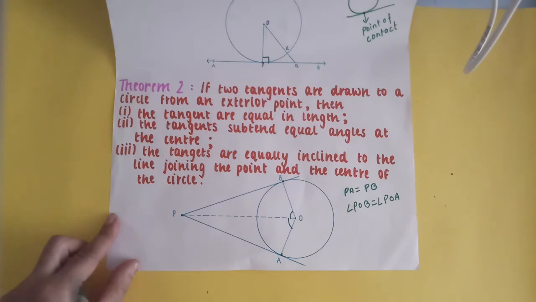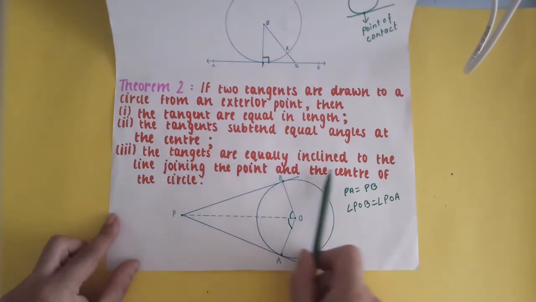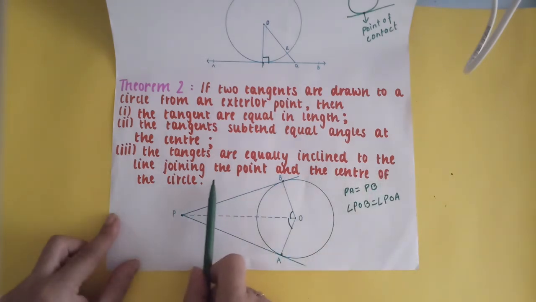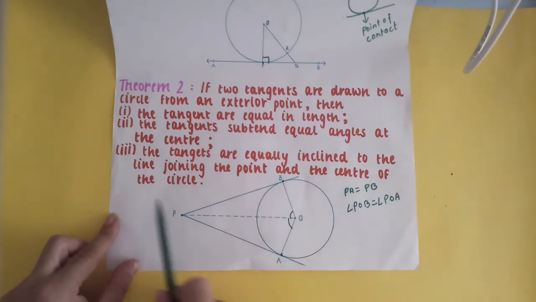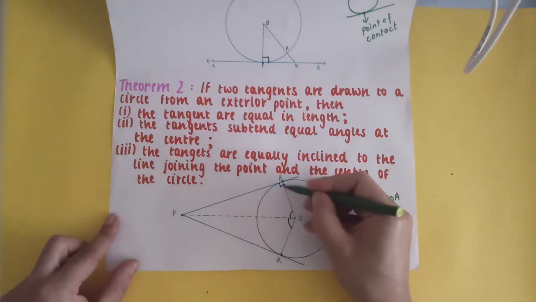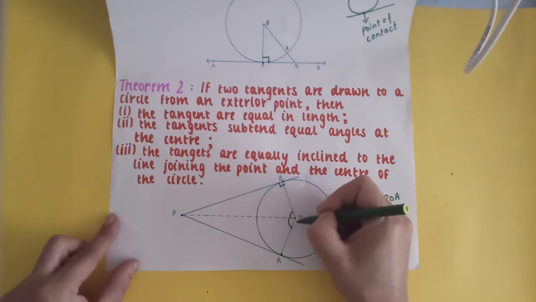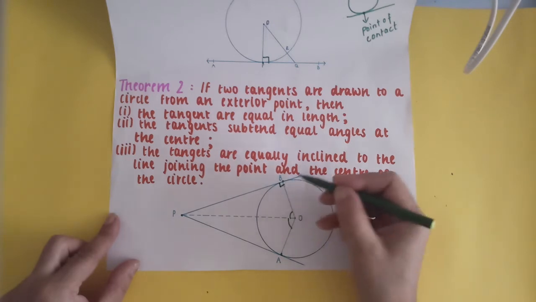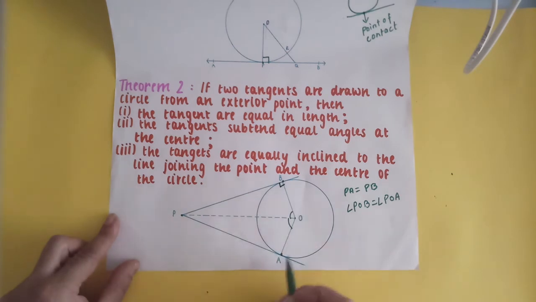Another is that the tangents are equally inclined to the line joining the point and the center of the circle. That we already know because this is 90 degree, because this is the line joining the radius and the point of contact. So this line will be the perpendicular line on the tangent PB, right? Similarly, O is the center of the circle and A is the point of contact. So OA is the perpendicular line to this tangent PA.